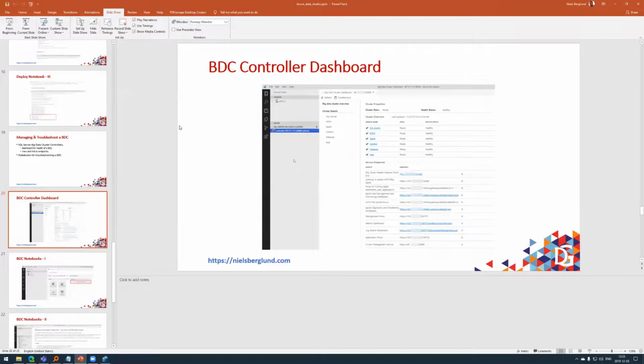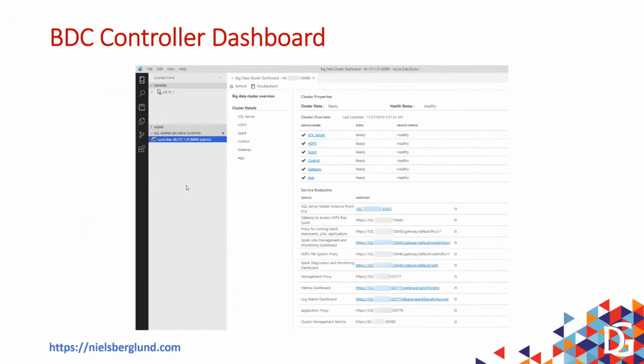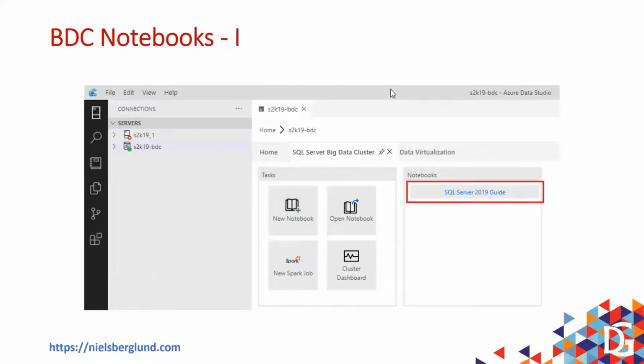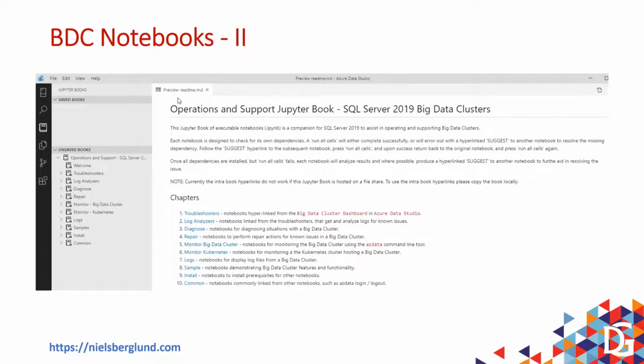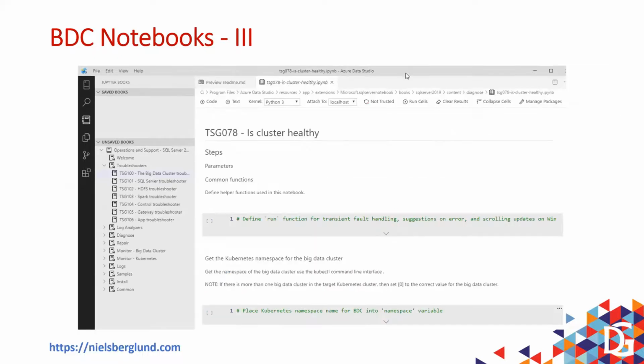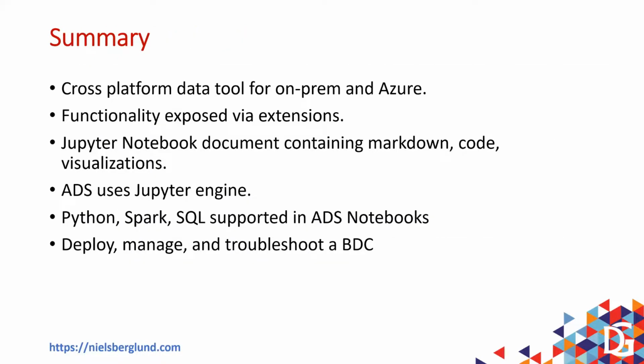Right. Let's go back to the slides. The controller dashboard, notebooks, big data cluster, we looked at that. So to sum it up, ADS is a cross-platform tool for handling data, both on-prem as well as Azure.